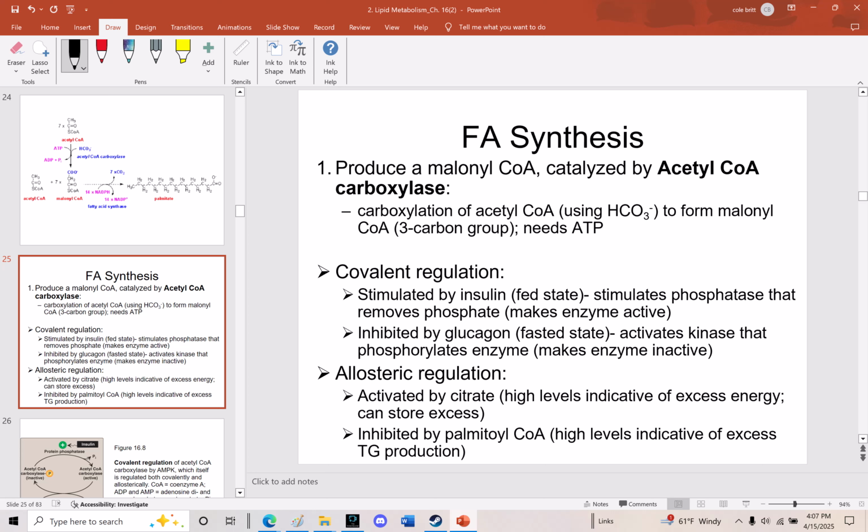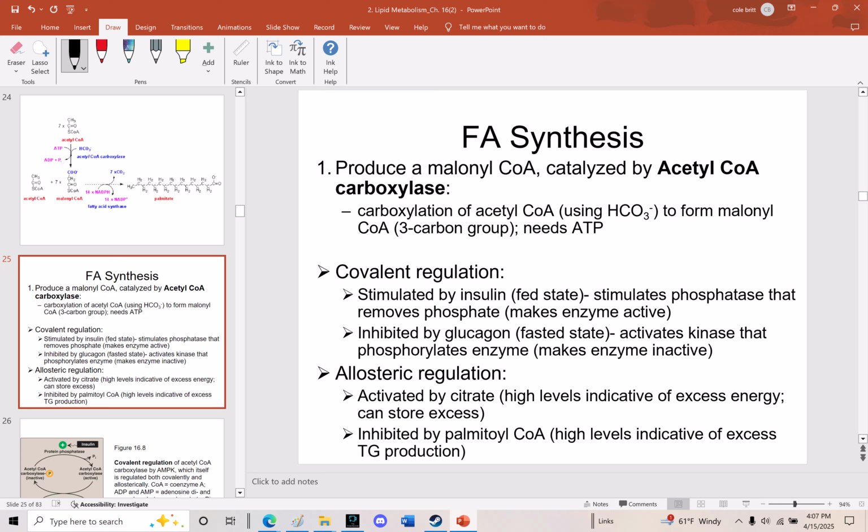And then allosteric regulation. Again, if you understand fasted versus fed and the molecules involved in that, then you know that citrate indicates excess energy. Where do we see citrate? What is the pathway that we see citrate? Krebs cycle, TCA cycle, whatever you want to call it.